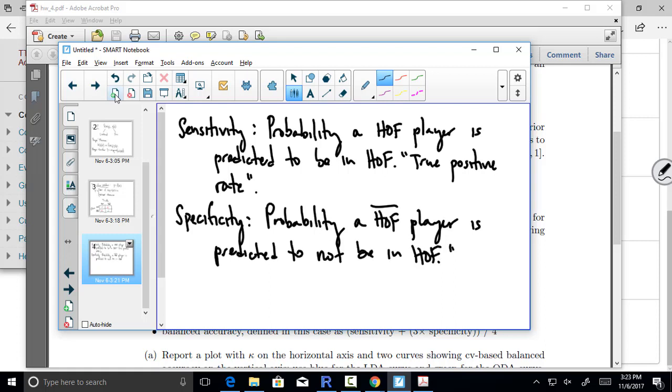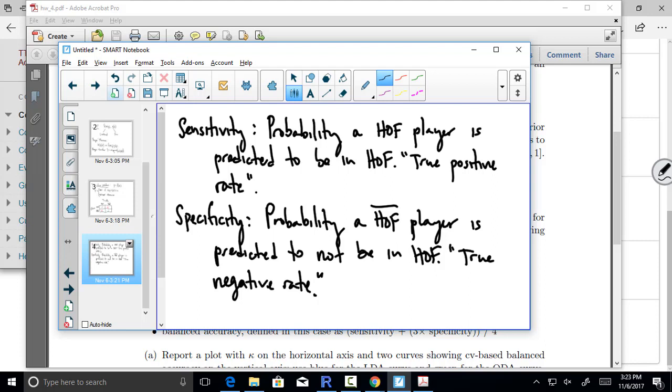And we could call this the true negative rate. The best classifier would be good on both of these, high sensitivity and high specificity. Unfortunately, we can't simultaneously maximize both of them.